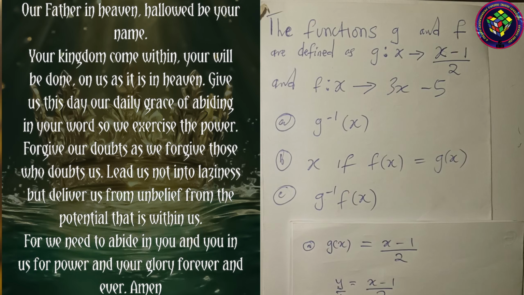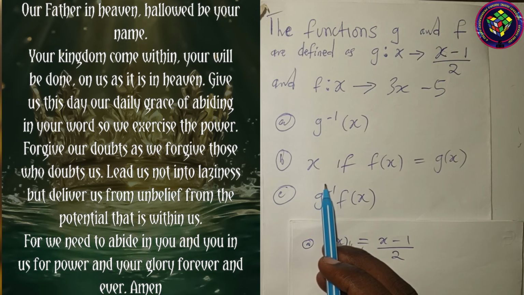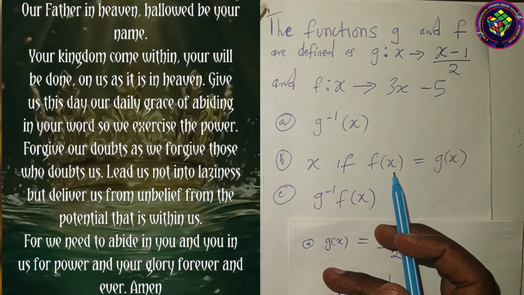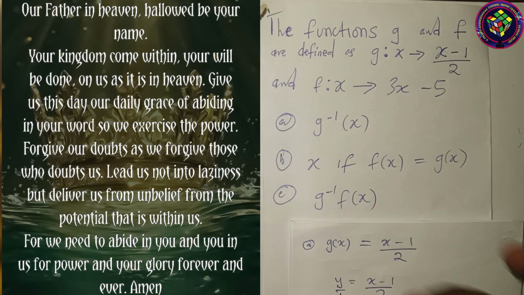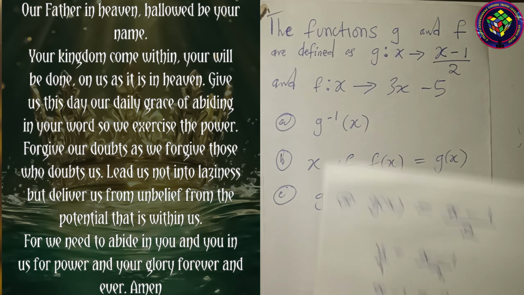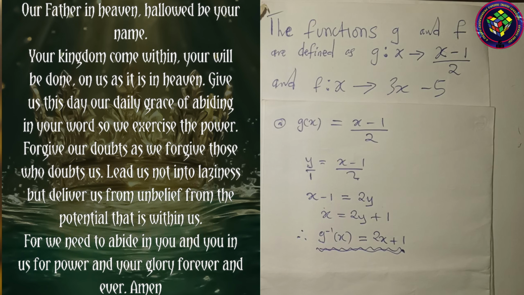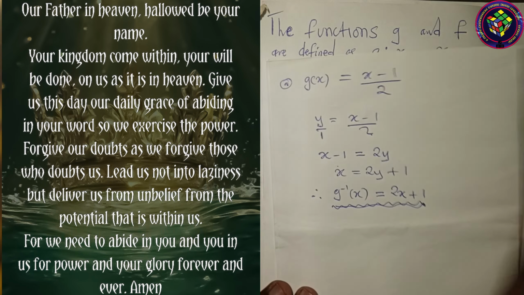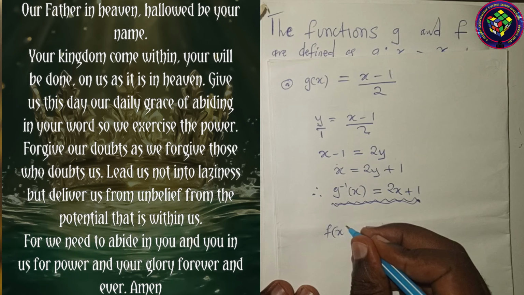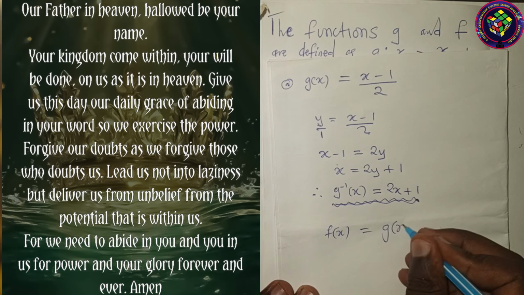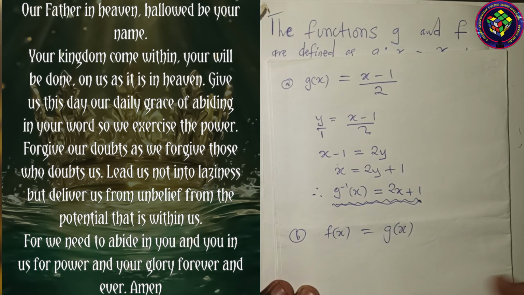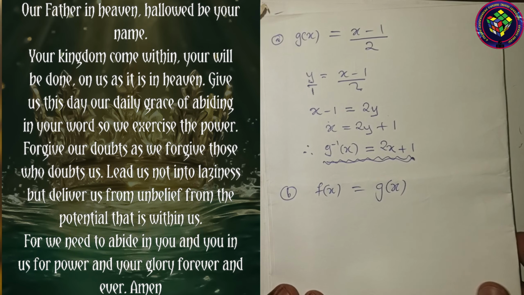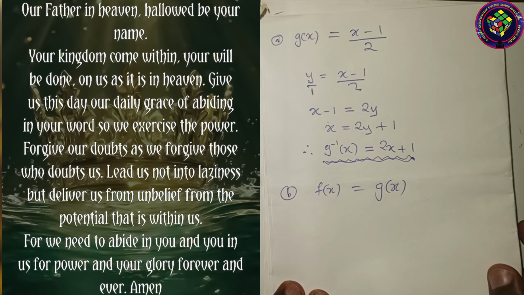Then b, find the value of x if f of x is equal to g of x. So here we need to solve for the value of x if g of x is equal to f of x.